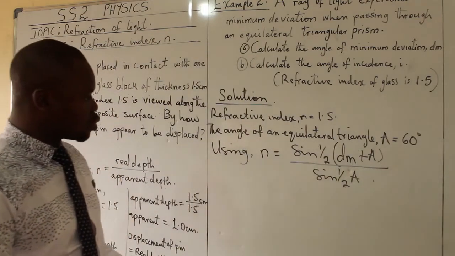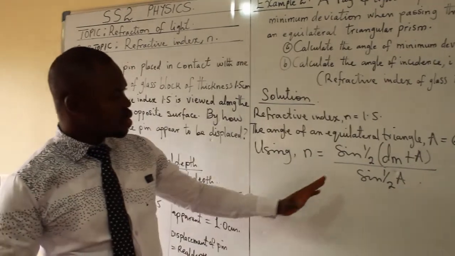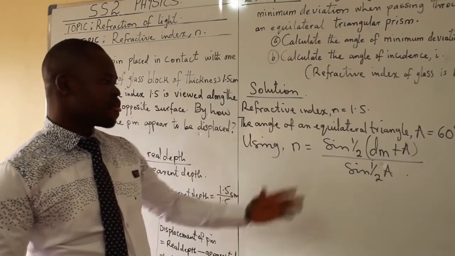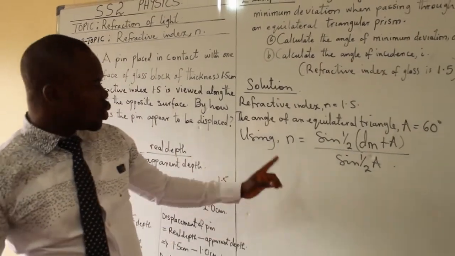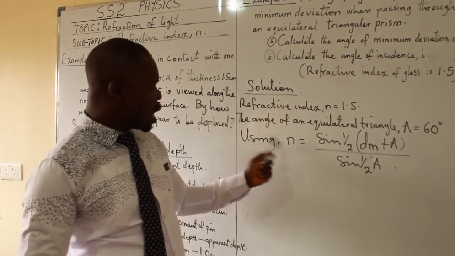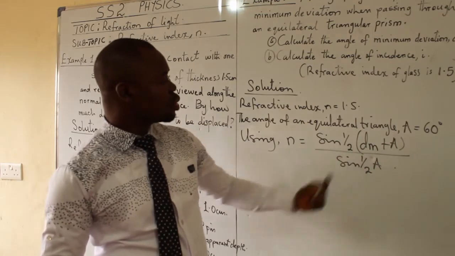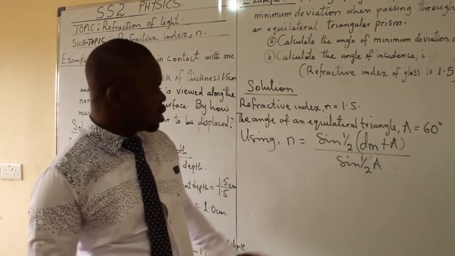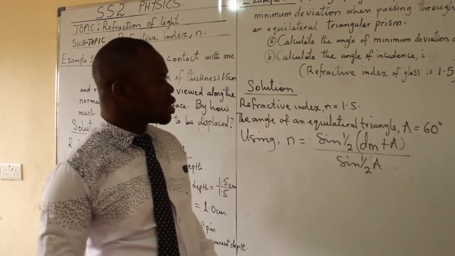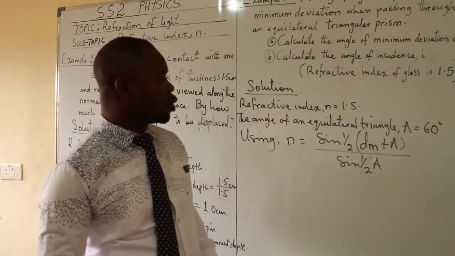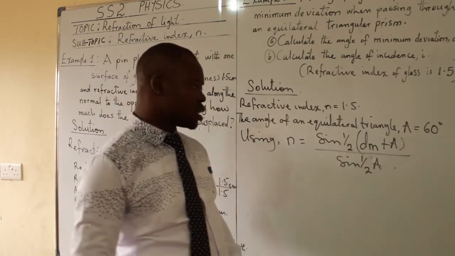There is need for us to actually understand how to apply this formula. So n has been given to be 1.5. The minimum deviation, we need to get that first. Then we have the angle of the equilateral triangle, which is 60 degrees.